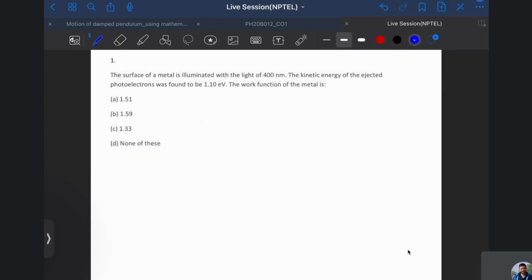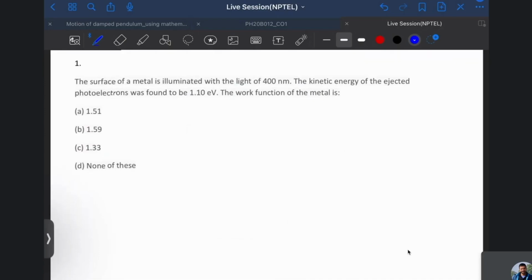So let's look at our first problem. Can everyone see the problem, or should I make it bigger? So here the problem is: the surface of a metal is illuminated with light of 400 nanometer, and the kinetic energy of the ejected photoelectrons was found to be 1.10 electron volt.